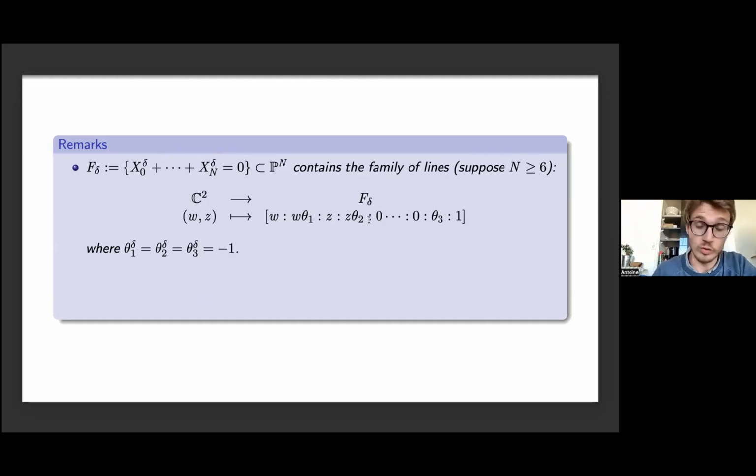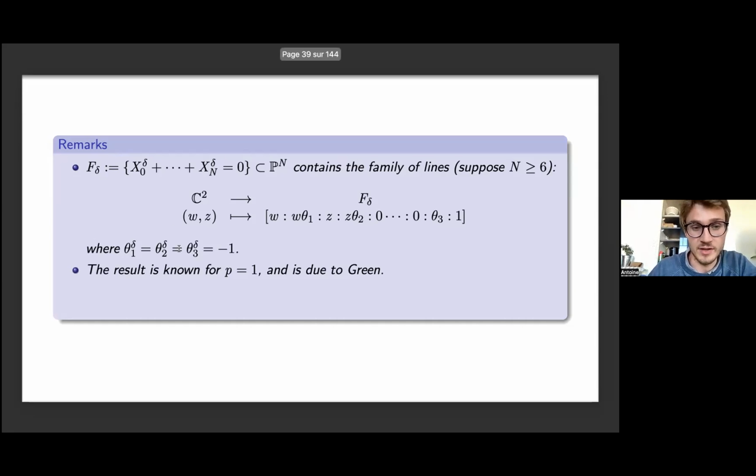So for p equal 2, and you can do the same construction for larger p. And in some sense, the result says, if we reiterate it, that as soon as delta is large enough, this is the only kind of such map that we can find on Fermat hypersurfaces.